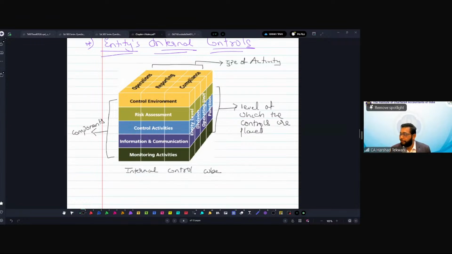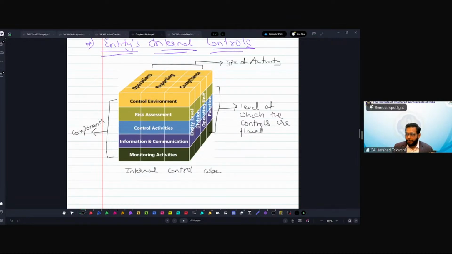Good. Participation by those charged with governance in the overall process of this control environment, and the communication of the ethical values or such policies that they have set at the management level to their employees. Yes. Absolutely correct.